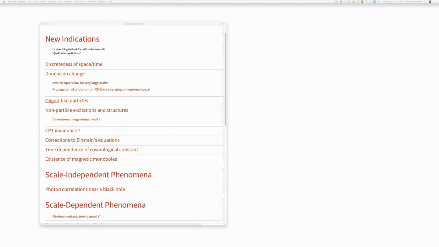There's been a whole bunch of discussion about axion-like particles. I mean, things we know, there's a lot of things where we can ask for.